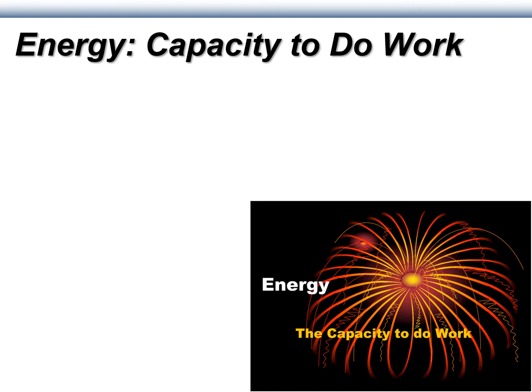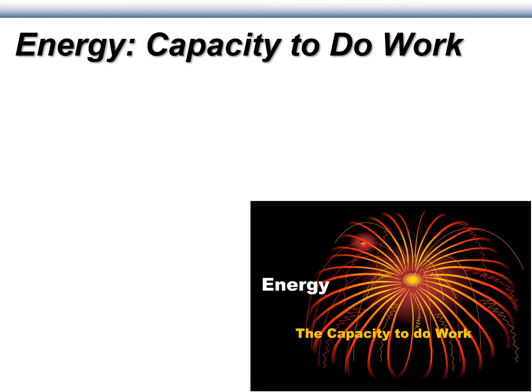If you're talking about an object flying through the air, or how hot that object is, or whether that object is releasing light, those are all different forms of motion, just different levels of where that motion is occurring. And so I would say energy is the capacity to change the motion of mass. I think that's a better way of putting it. Hopefully you'll be able to see that as I do.